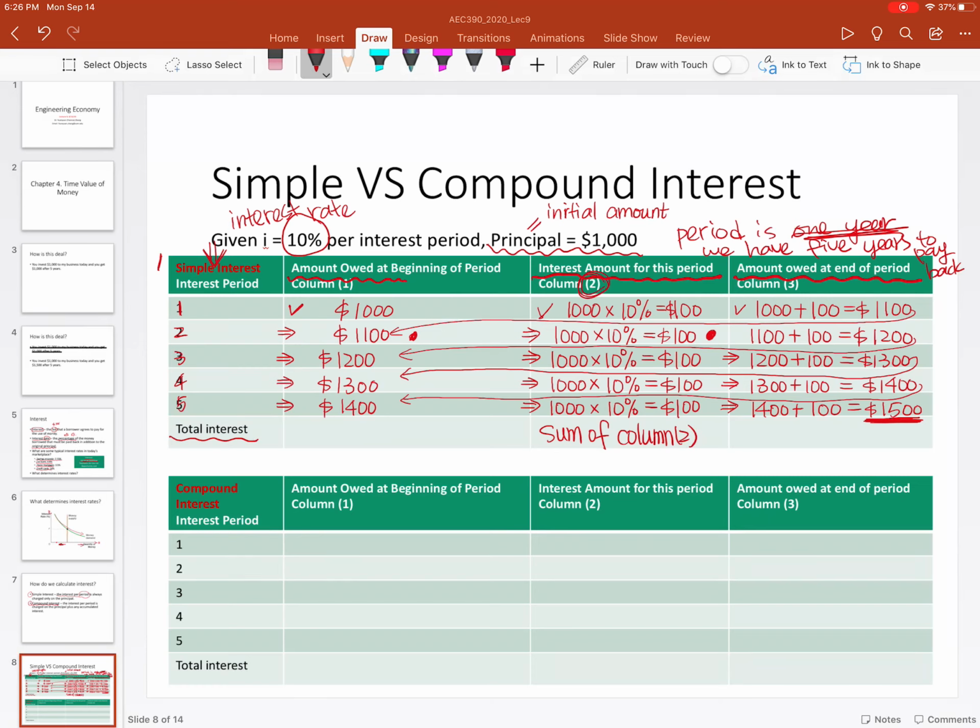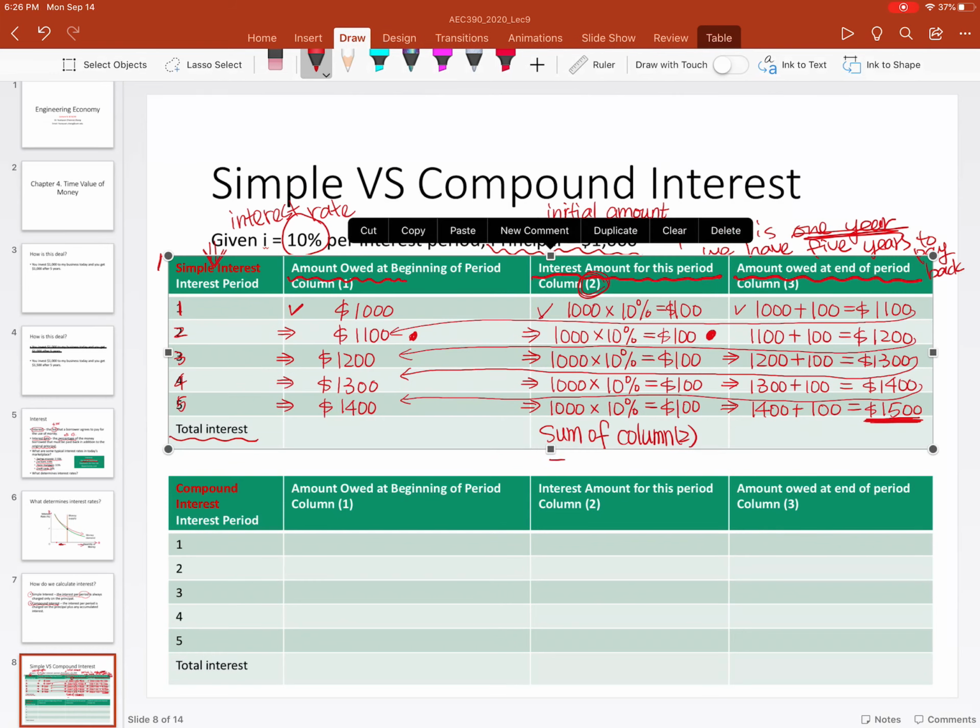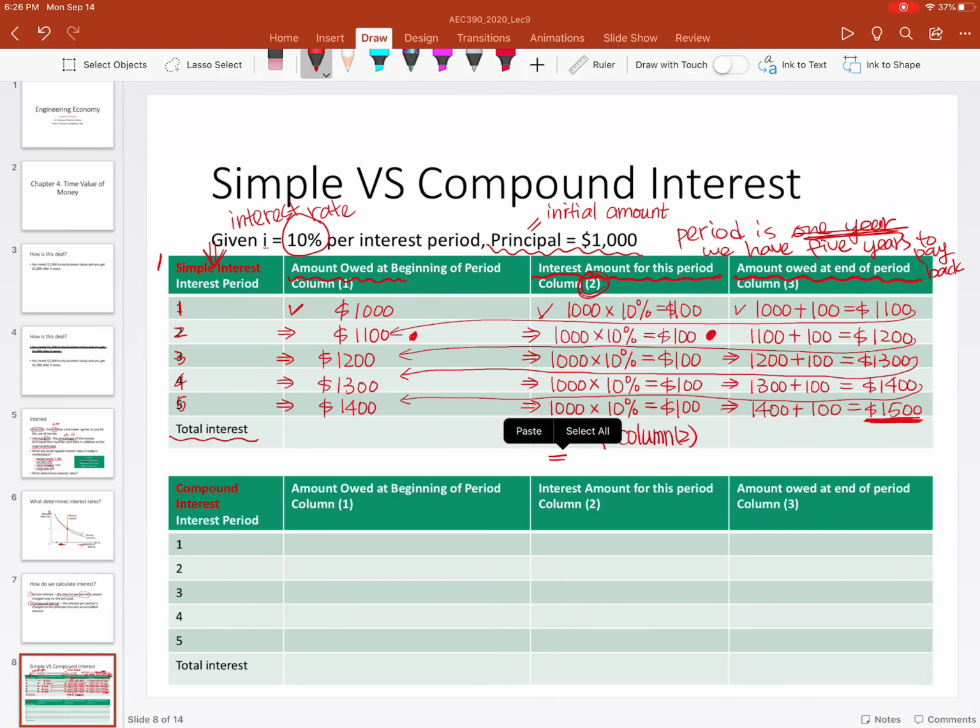We call this column 2, okay? So it's easy to calculate. It's 100 times 5. So it's $500. That's your total interest. Okay. All right, so that's based on the simple interest.